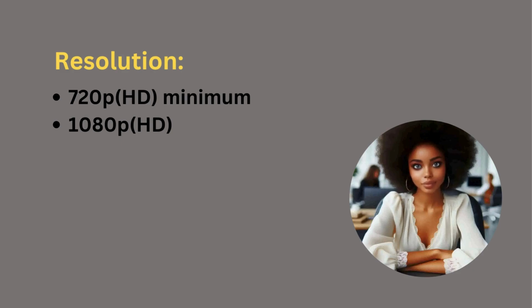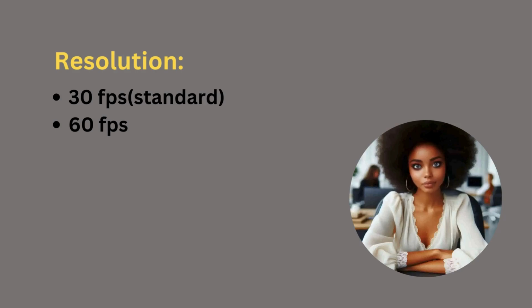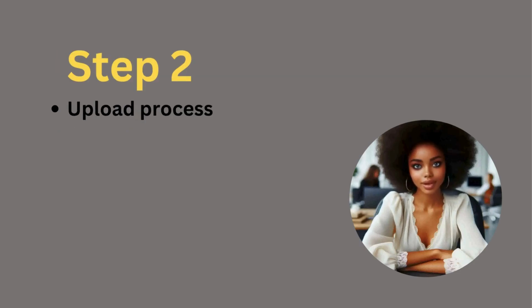High resolutions like 1080p HD are great but give you files that are bigger in size, so keep that in mind. The standard frame rate is 30 frames per second, but 60 frames per second can provide smoother motion for certain video types like gaming. For now though, you don't have to worry yourself much with these complex jargons as you'll learn them as you go along. Let's go to step 2, which is uploading your video.